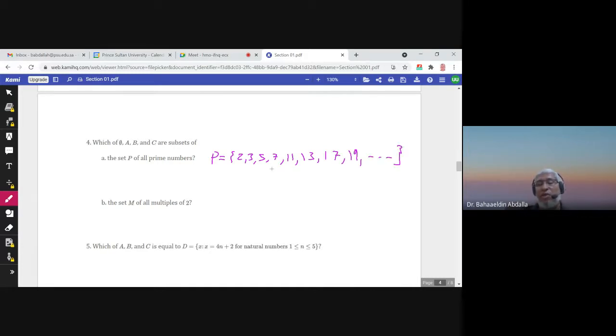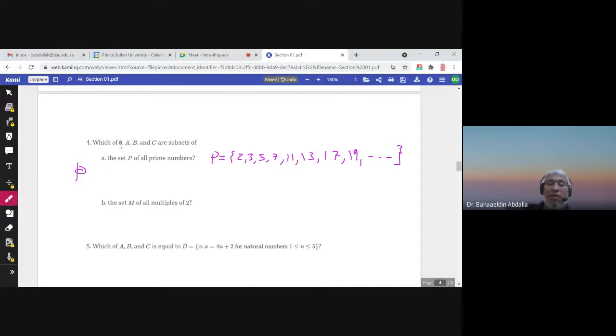These numbers cannot be divided by any other numbers except by 1 and the number itself. These are called prime numbers. So is phi a subset of P? Of course, phi is a subset of any set. So phi is okay.